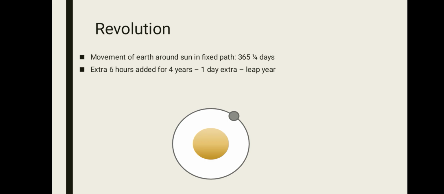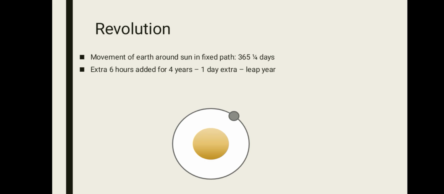After 3 years we already have 18 hours extra, and in the 4th year that becomes a full 24 hours, and in this way we add one more day, and that is known as a leap year. One extra day is added in the month of February, so in a leap year we get 29 days in February. So that is revolution we discussed.